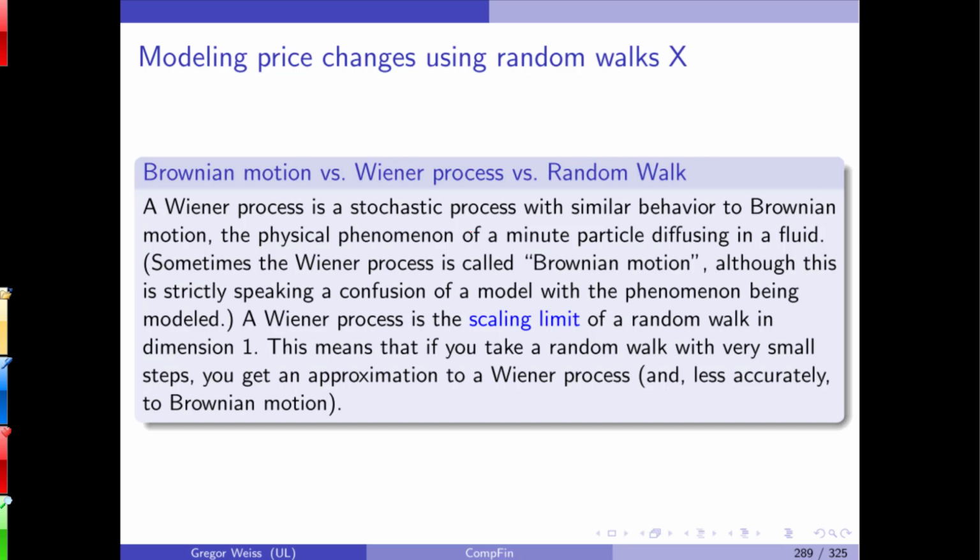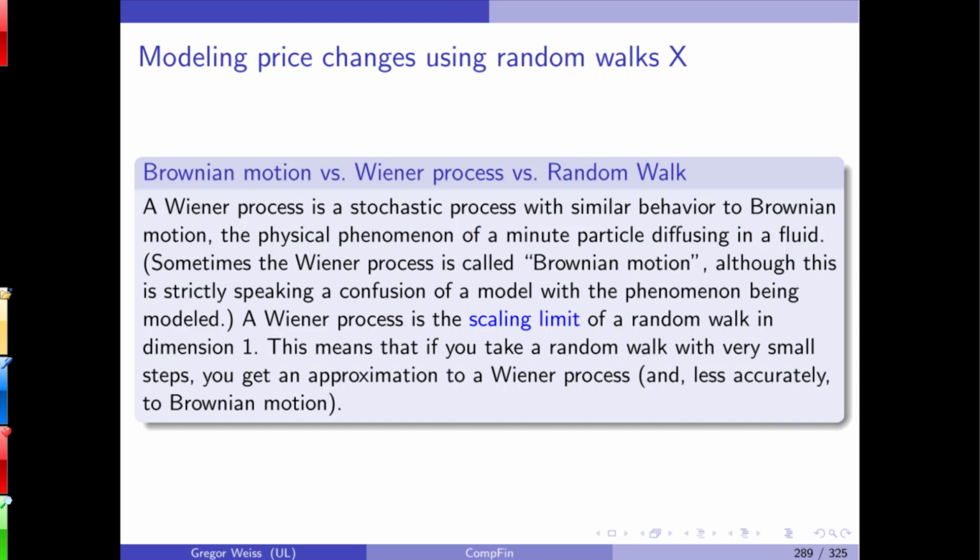That's Brownian motion. That's the phenomenon in nature that is described by a Wiener process. And a Wiener process is the scaling limit of a random walk in dimension 1. This means that if you take a random walk with very small steps, you get an approximation to a Wiener process and less accurately to Brownian motion.